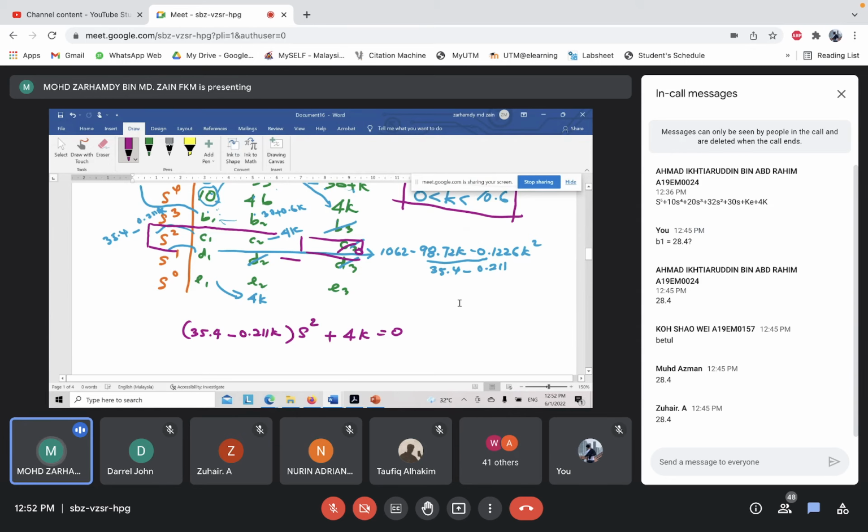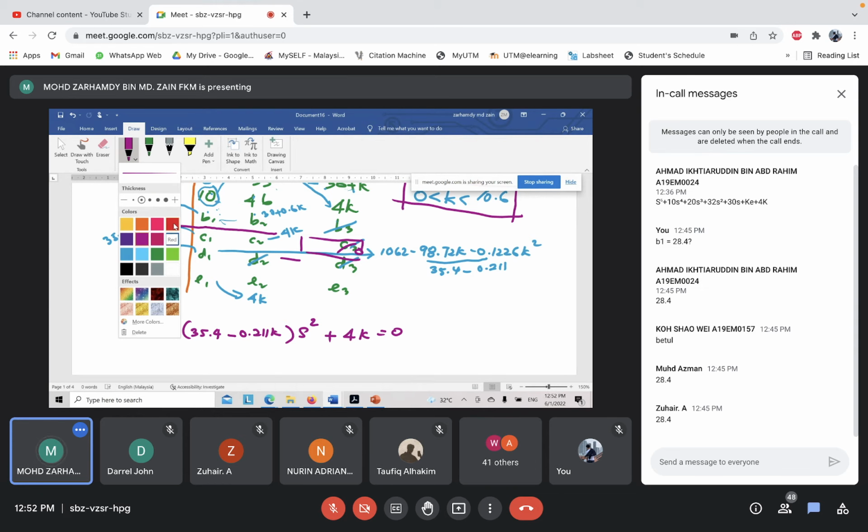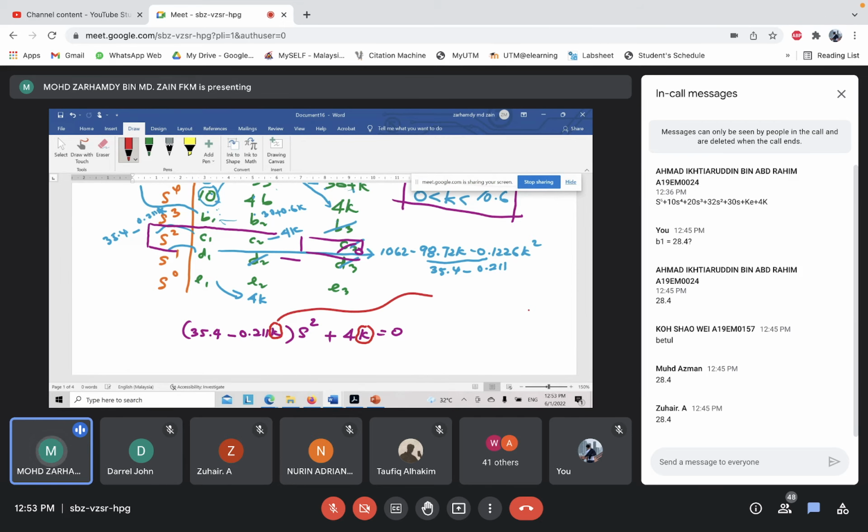But for the value of K, we need to choose the critical point. This K, we need to find the critical point referring to our range. So we will take 10.6.